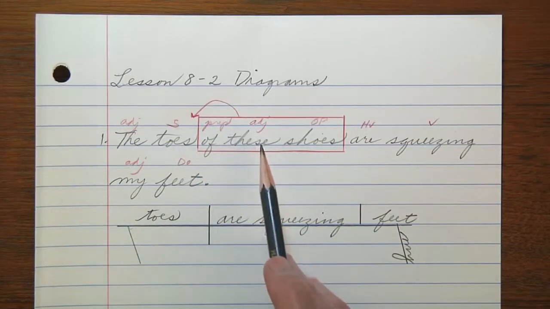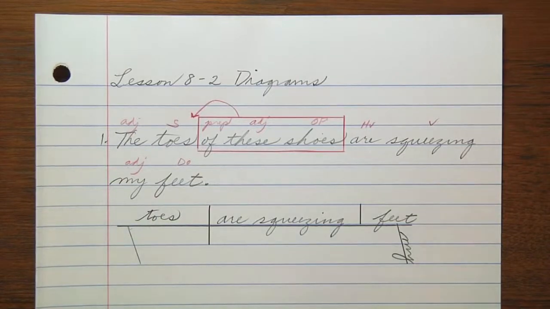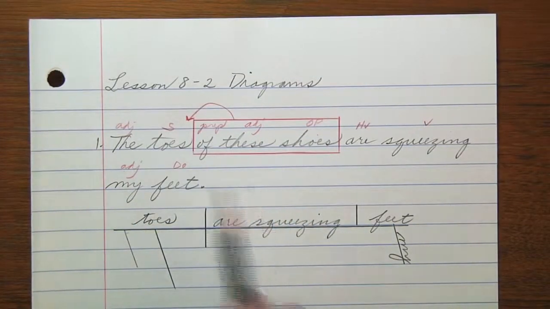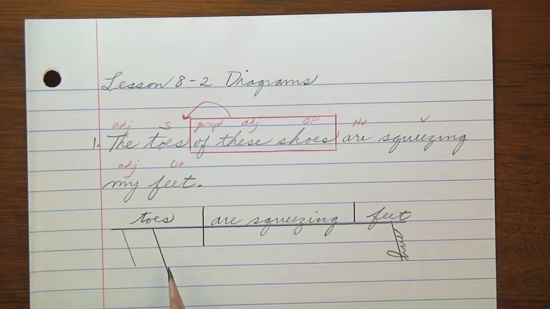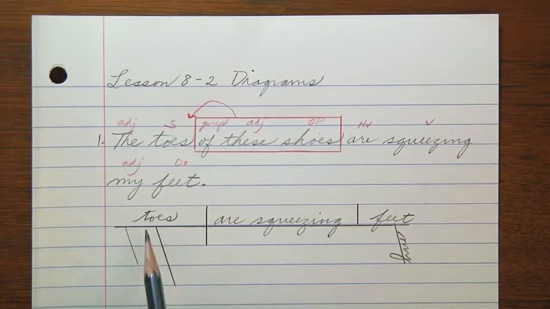Even though it has other things inside it, it's an adjective. So logically speaking, this box can go here and should go here because it's an adjective describing the noun toes.